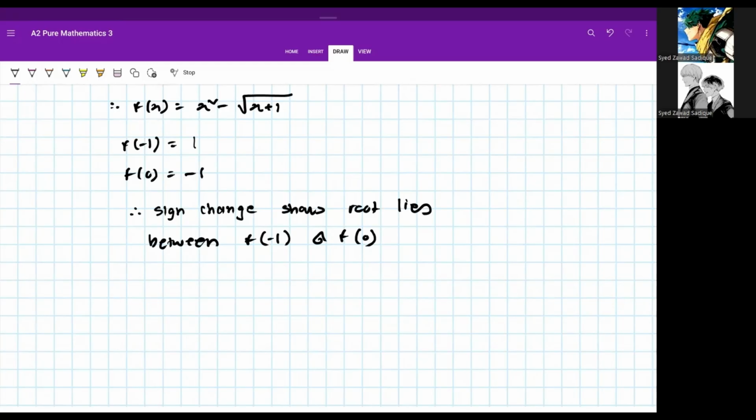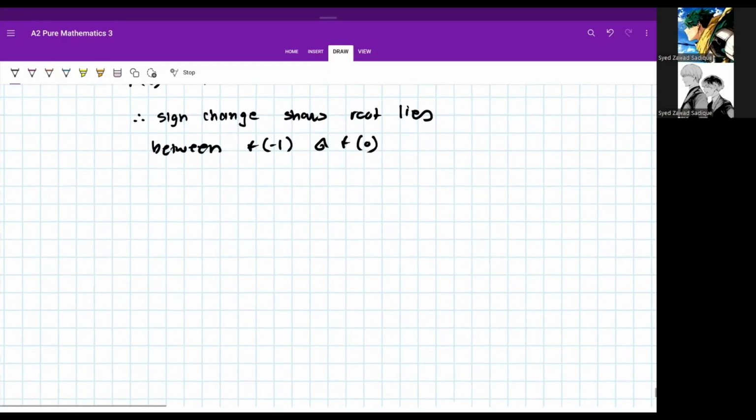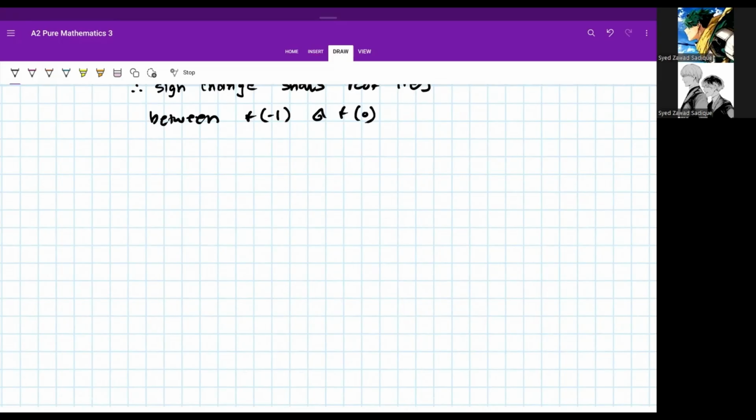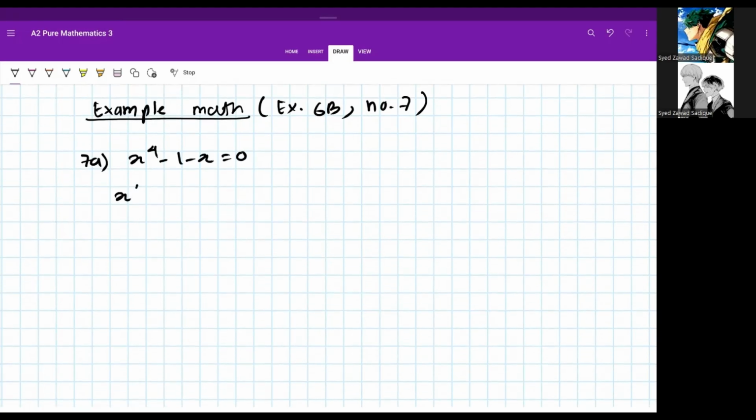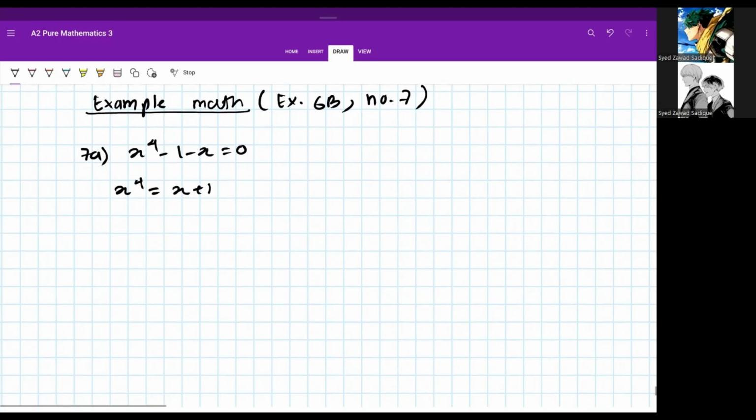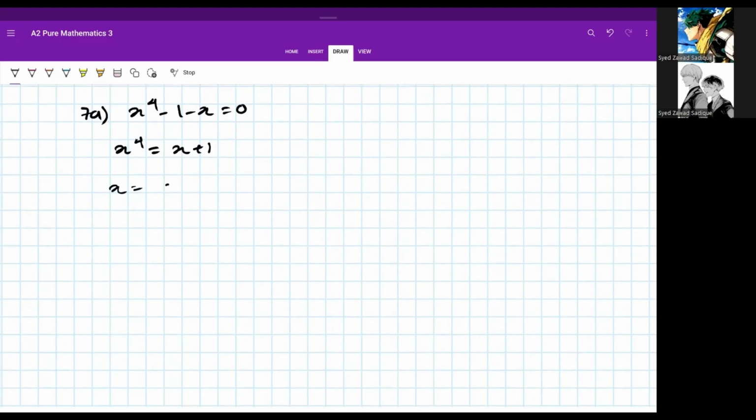Now, another example, but this time with an iterative formula. Example: Exercise 6b, number 7. For 7a, it's x to the power 4 minus 1 minus x is equal to 0. x to the power 4 is equal to x plus 1. x is equal to the fourth root of x plus 1, shown.